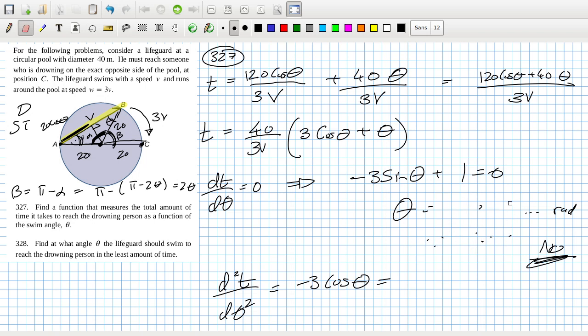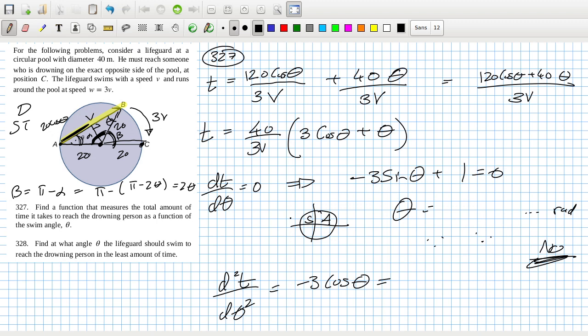Okay, so the second answer is pi minus the first answer.